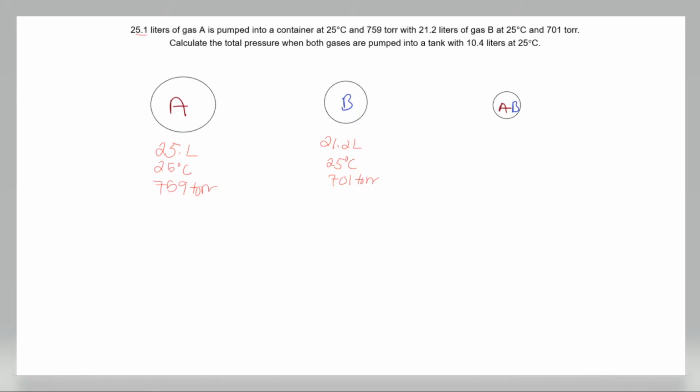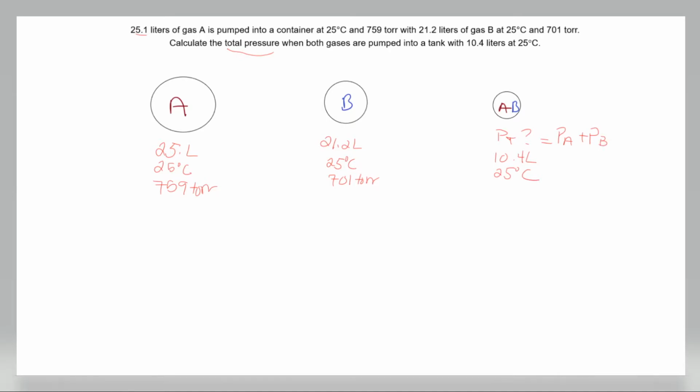Calculate the total pressure. Okay, so this is the question. P total is unknown, okay? But they're going to be pumped together, and it's going to have a final tank of 10.4 liters. So that's your volume, and then your temperature is the same. If you want to know P total, you need to know PA plus PB.